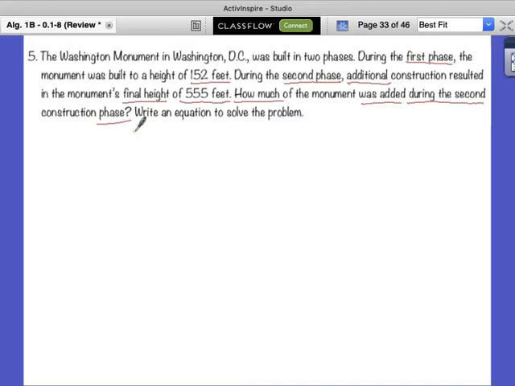And it tells us to write an equation. Can anybody help me write an equation, especially now that we went through and underlined some key information, okay? Abby. 152 plus A equals 555. That's exactly right. Can you tell me why you got that? I got that because the first phase was 152.